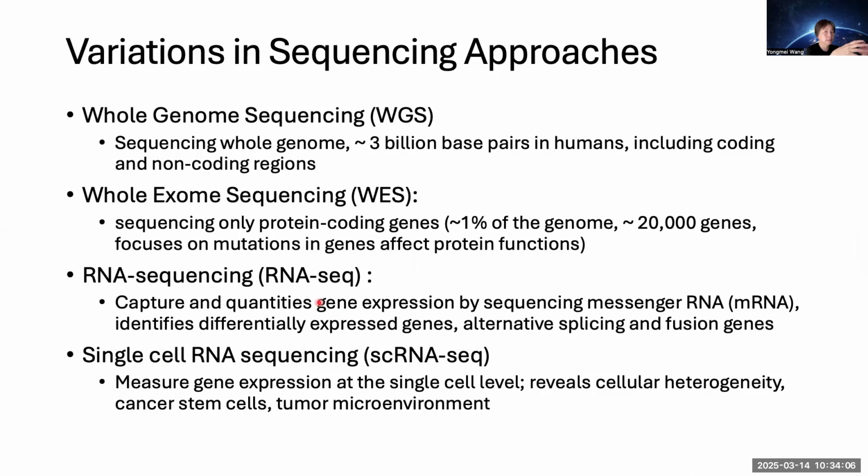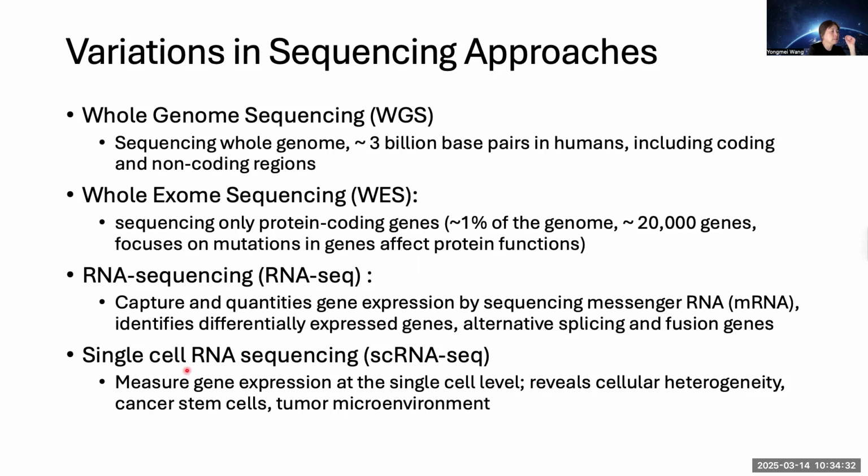You don't care about what's inside the cell. You don't identify the cell. You homogenize them. You pull out only the messenger RNA, and then you sequence them, and then you just count all this messenger RNA, what gene it is, and you line them up on the human genome. You say, okay, this is this gene, this is that gene. So you have an idea out of that whole bulk tissue, that particular gene has how many messenger RNA, right?